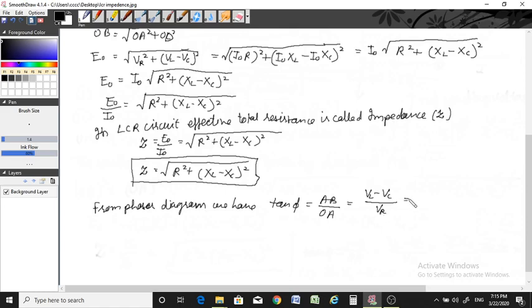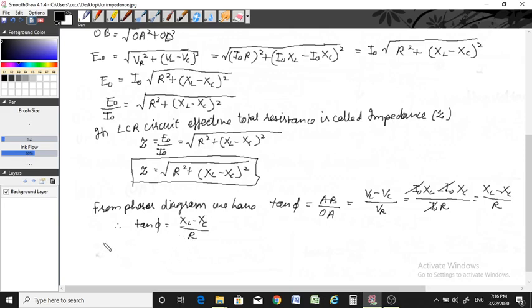Putting in the values, this is equal to I naught XL minus I naught XC divided by I naught R. Cancelling the common I naught, we get XL minus XC divided by R. Therefore, we calculate tangent phi as XL minus XC divided by R.